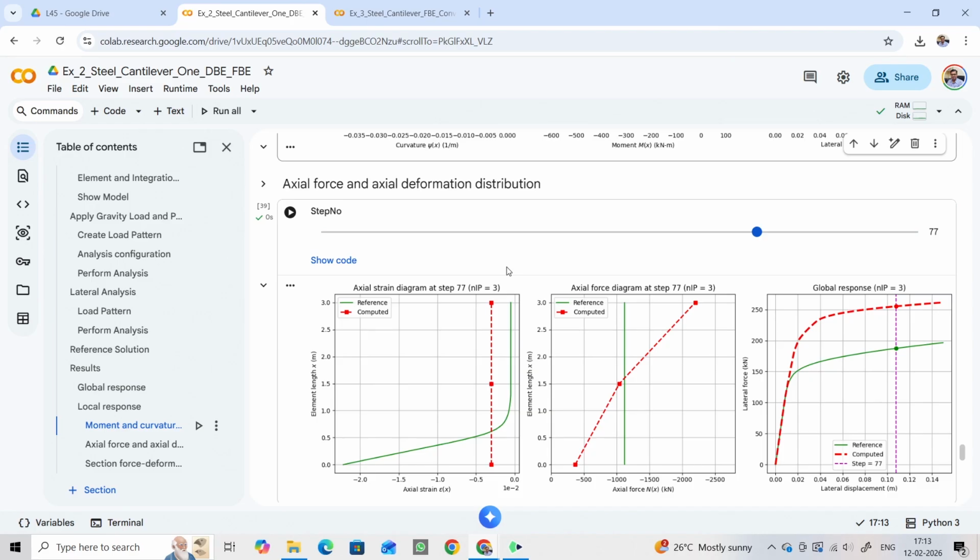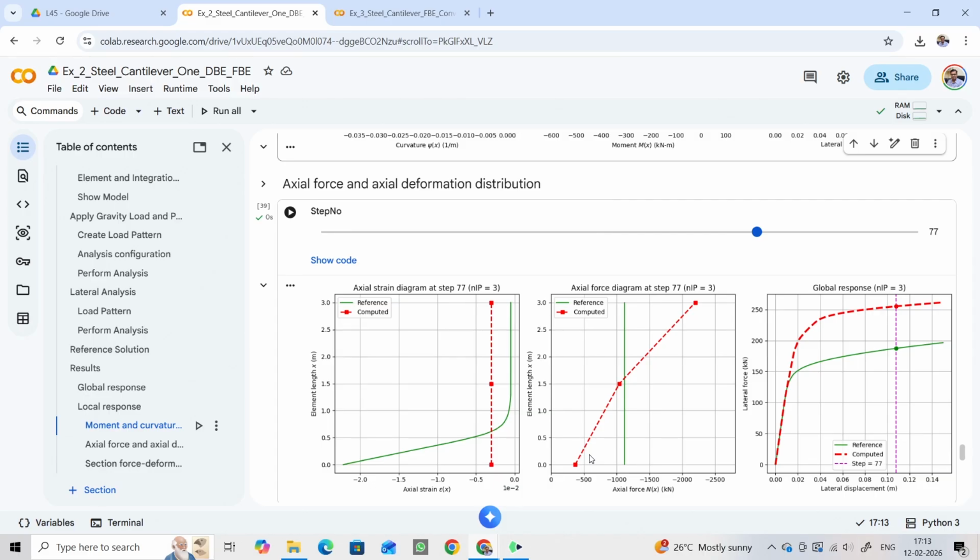Okay. Similarly, this is for axial force variation along the length. Now what you notice is that I have applied some axial force to this cantilever, but at this section the axial force is some value, here it is some other value, here it is some other value. Okay? Why?